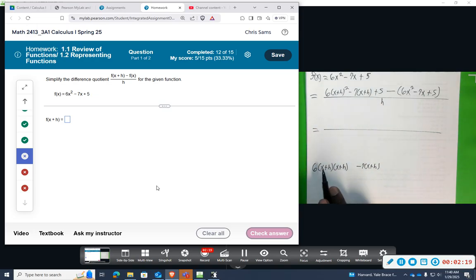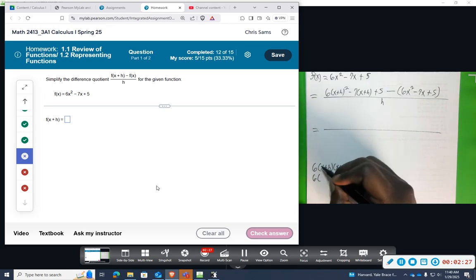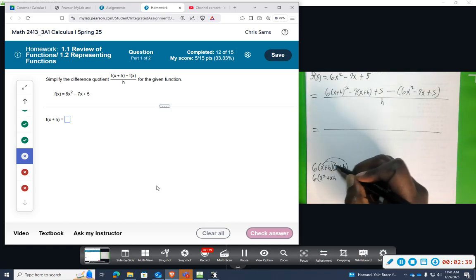So you got to do order of operations, which means distributive property first. So I'm going to bring down the 6, x times x, x squared, x times h, get a positive xh. H times x, we can either say hx or xh.